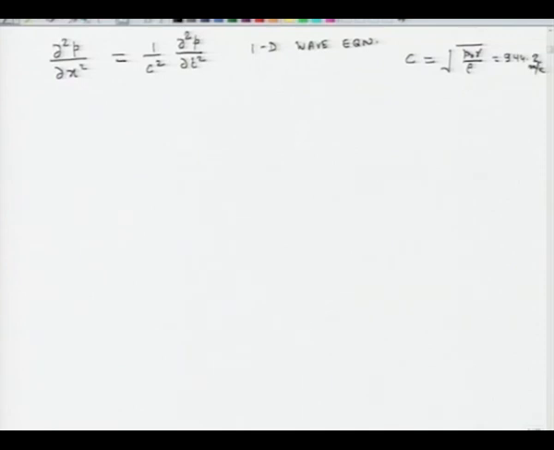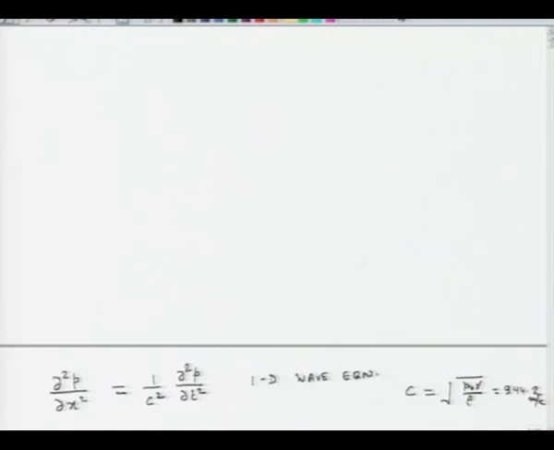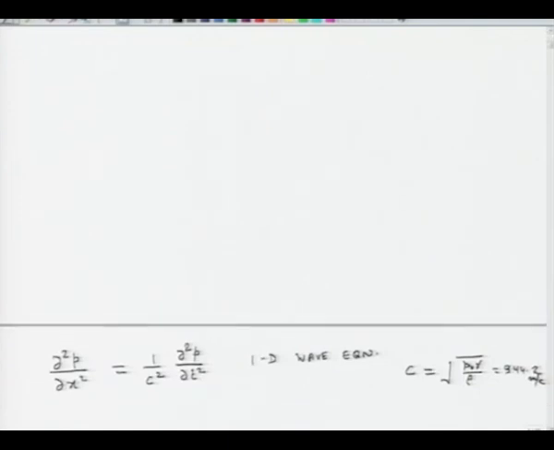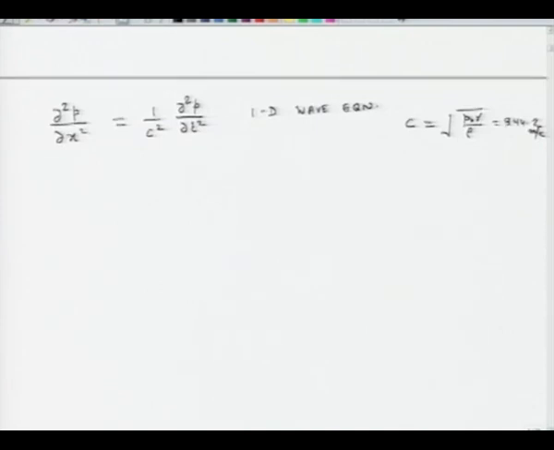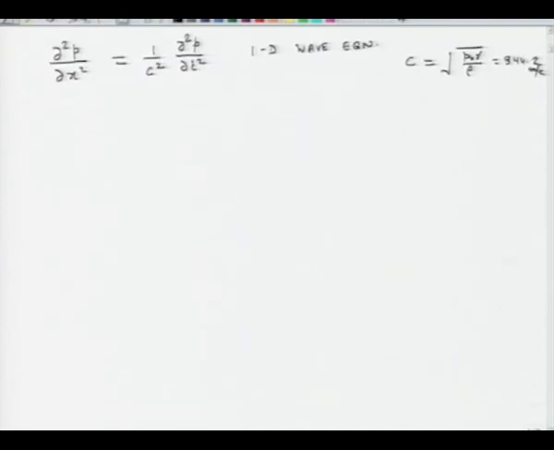And if I measure the speed of sound in air at mean sea level at room temperature conditions, the measured value of speed of sound is 344.8 meters per second.